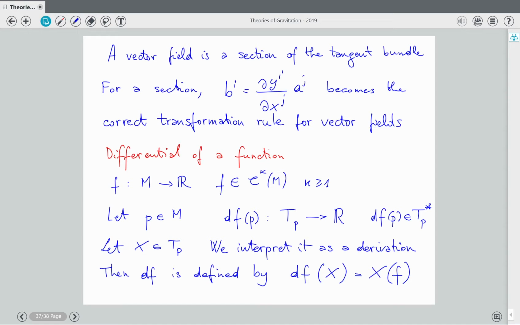Last time we introduced the notion of differential of a function, which is what takes us to the definition of cotangent bundle and differential forms. So let us recapitulate a little bit.